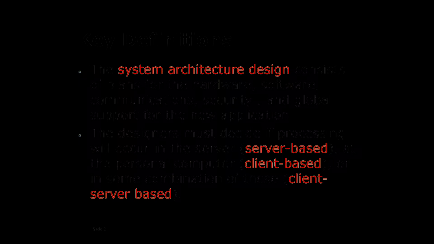So here the system architecture design consists of plans for the hardware, software, communications, security and global support for new applications. The designers must decide if processing will occur in server or at personal computer or in some combination of these.